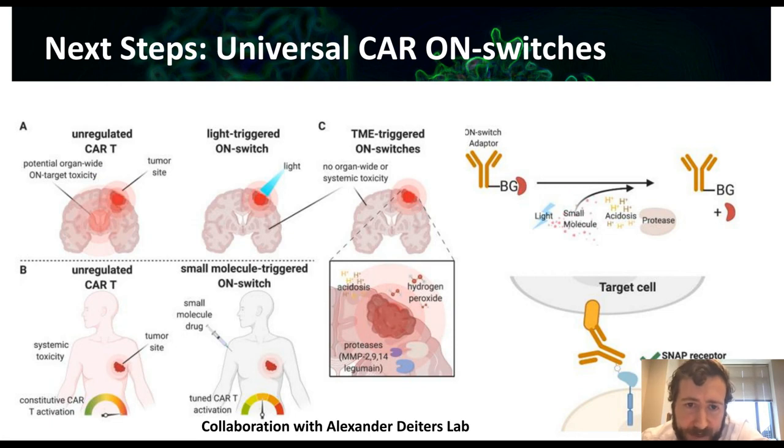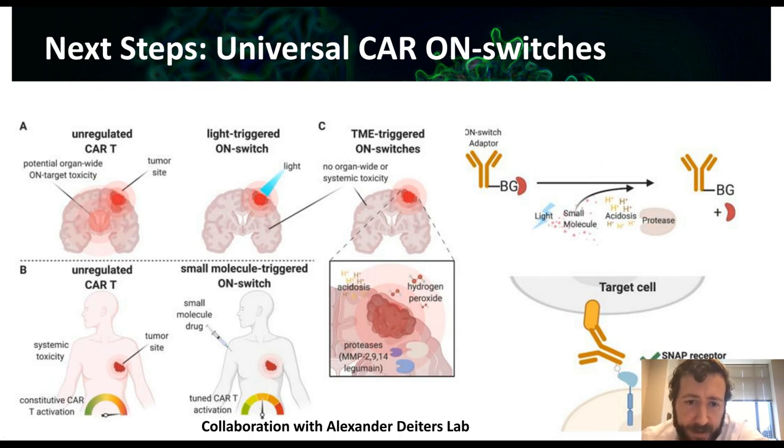So if we have an unregulated CAR T-cell therapy in which there's a specific tumor site that we know we want to hit, but we're worried about on-target toxicity in the rest of the organ, we can apply light only to the specific tumor site and get activity only in that region.